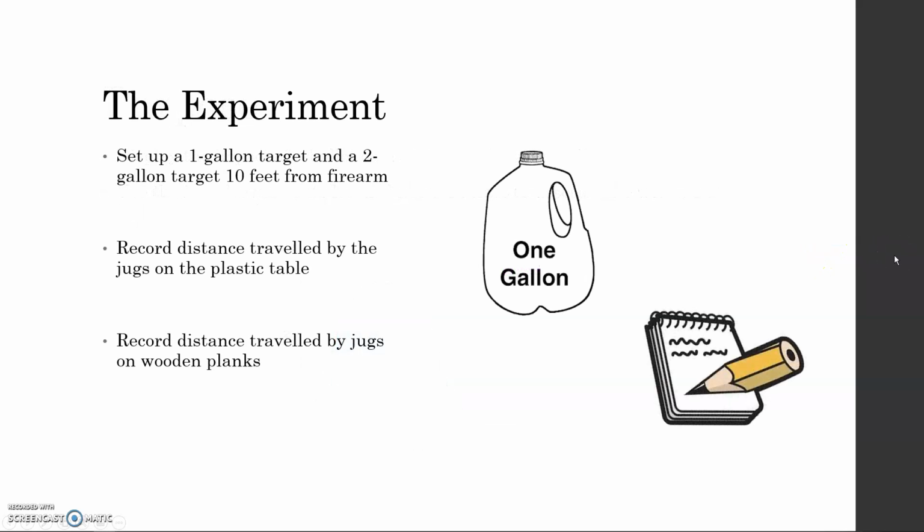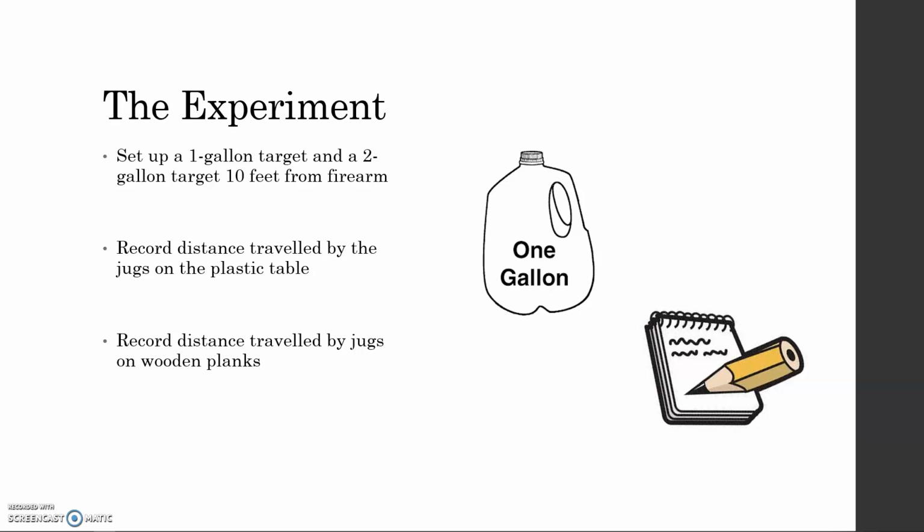In this experiment, we set up a 1 gallon milk carton target and a 2 gallon milk carton target about 10 feet away from the firearm, sitting on a table.